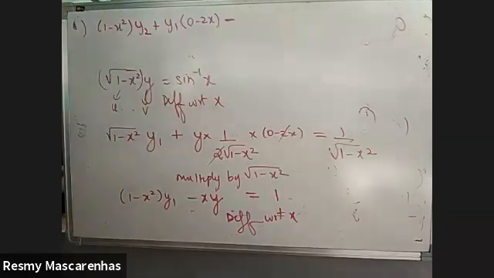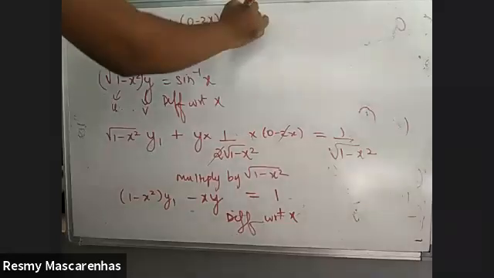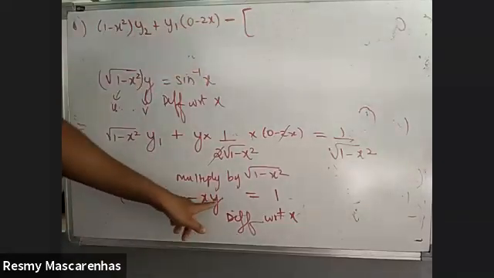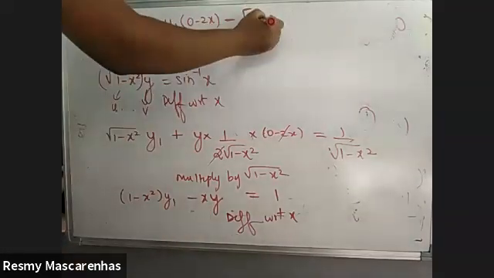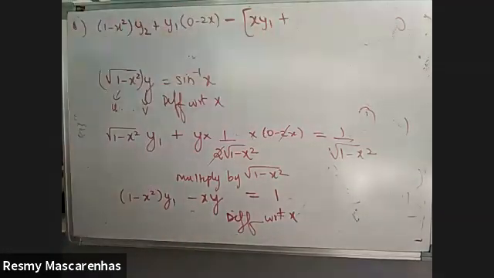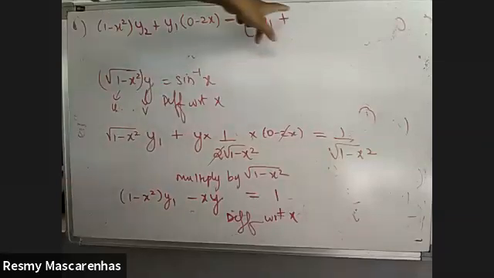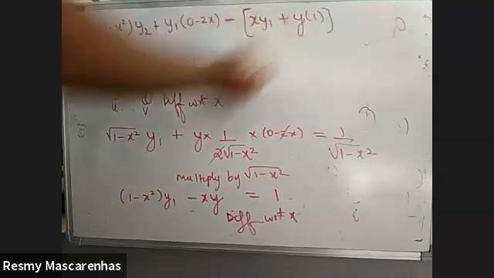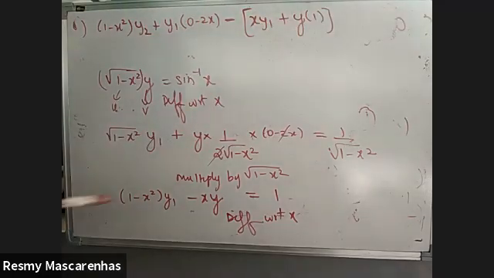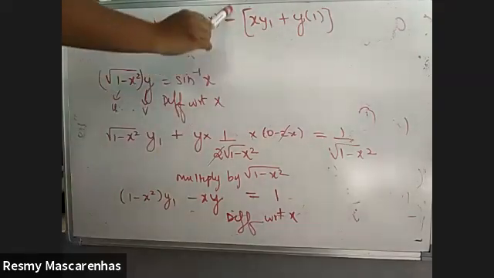Now here be careful. Minus is outside. Now I'm using u into v for these two terms. So x into derivative of y will be y1 plus, okay, so minus will belong to both the terms, y, because this was minus. If this was plus, you don't have to worry.